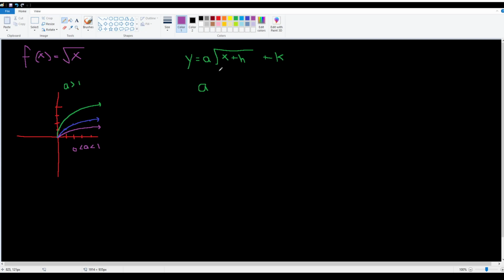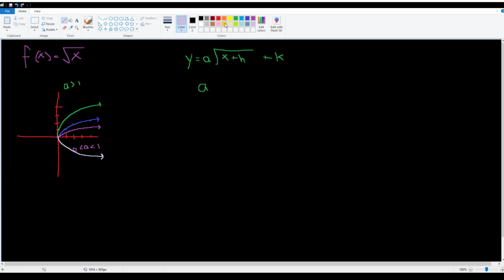The second thing is if A is negative. Now, if A is negative, my graph is actually going to completely flip across the x-axis. But it's still going to hold true with this stuff. So if I have a negative, the negative parent function is just going to be like this.